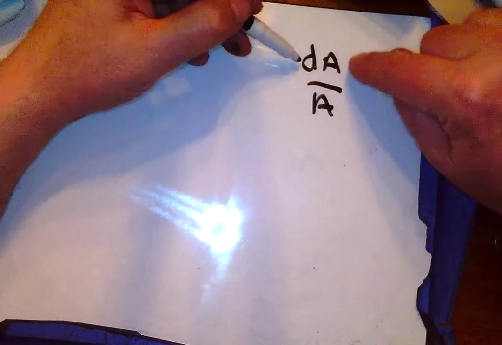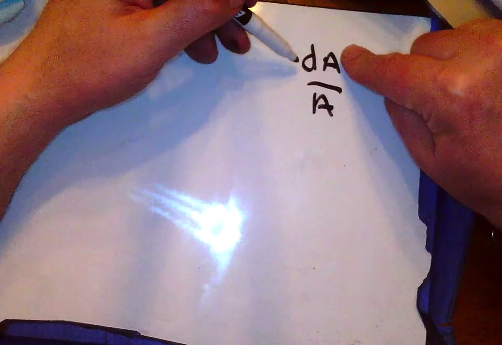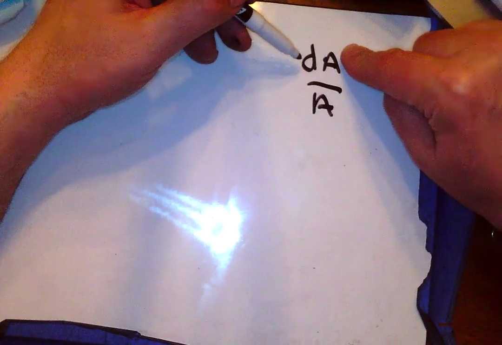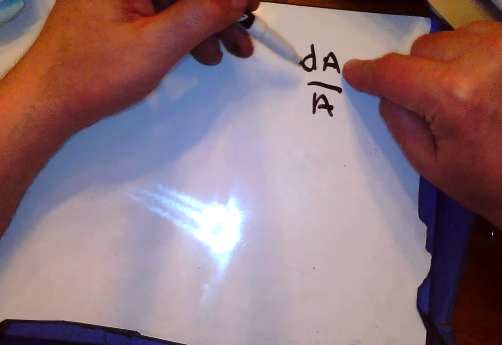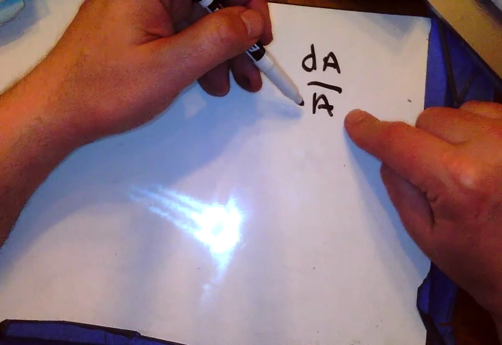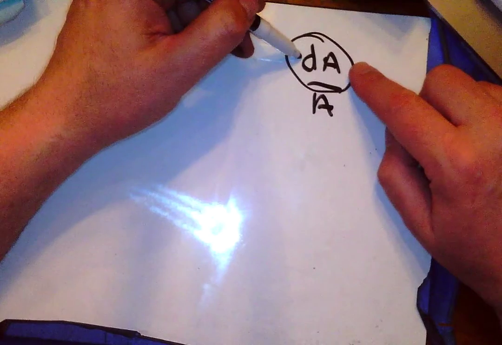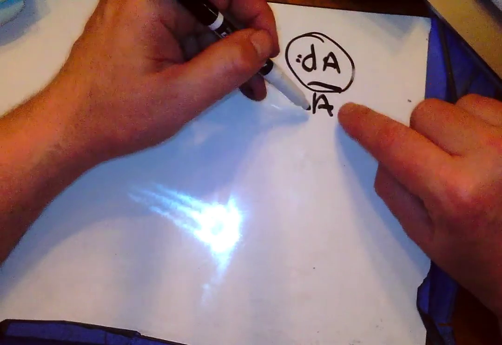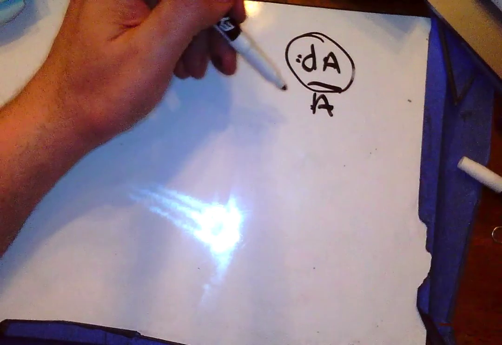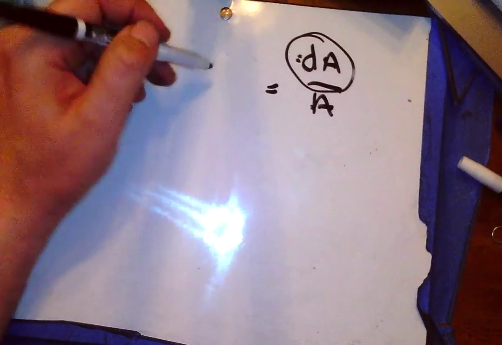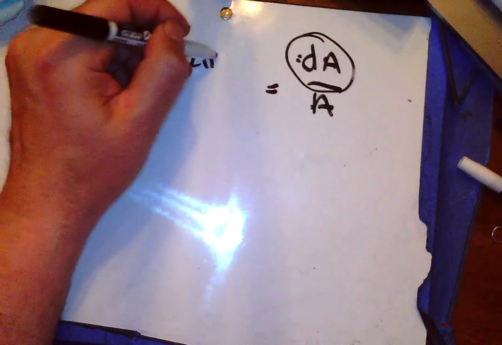So let's talk about this. This is your change in area as an estimate, as an approximation, and this is the actual area. And we want to know what amount of variation this is. What percent of the whole area is that? And so in the last problem, we said that dA was 2 pi.